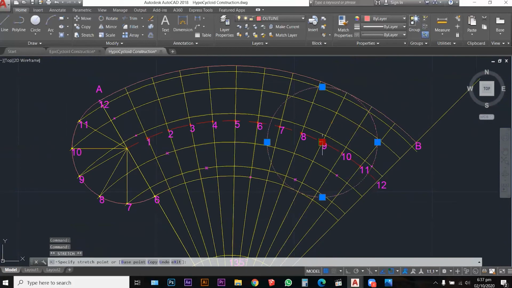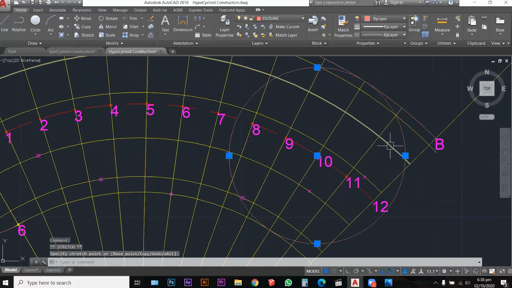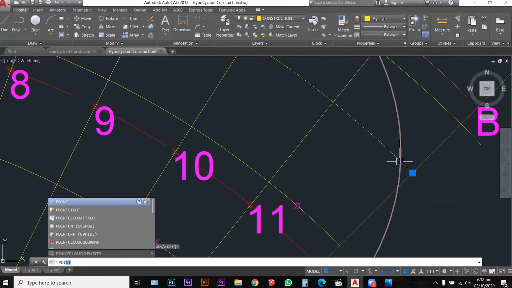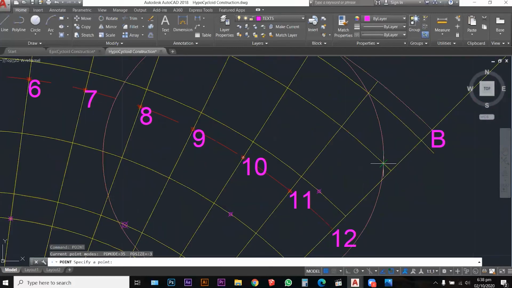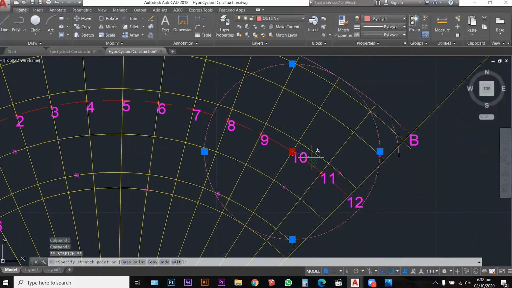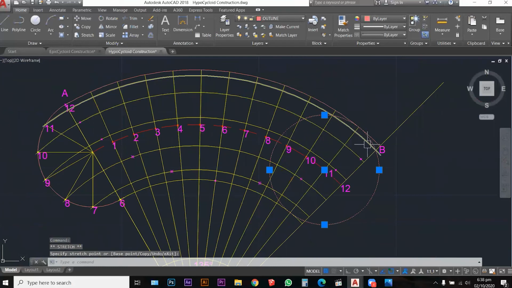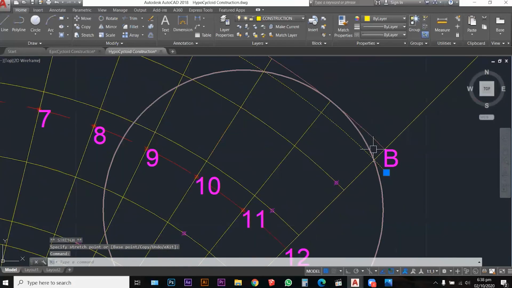Then we go to 10, which intersects line 10 right there. And what about 11? This is line 11.